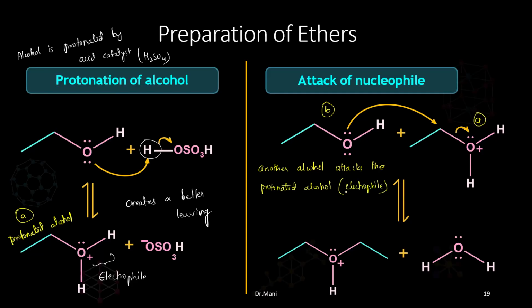And remember, another alcohol means it is the B. The B is attacking the A. Understood? Is this clear?